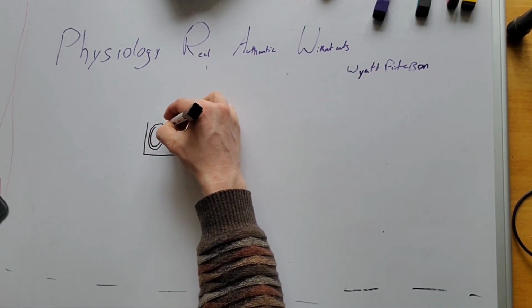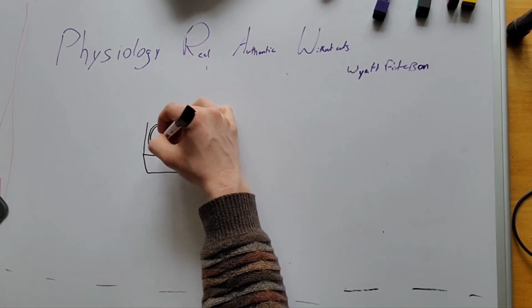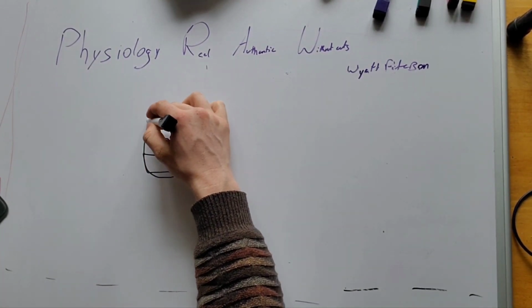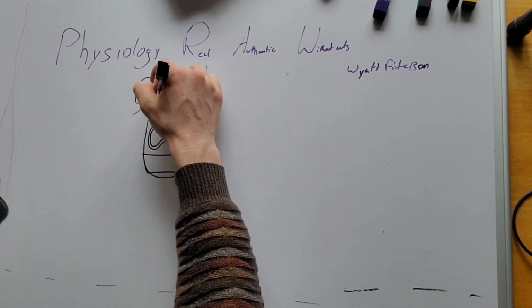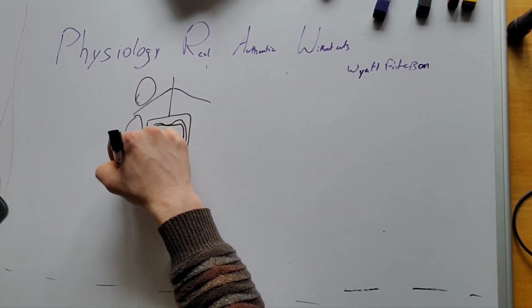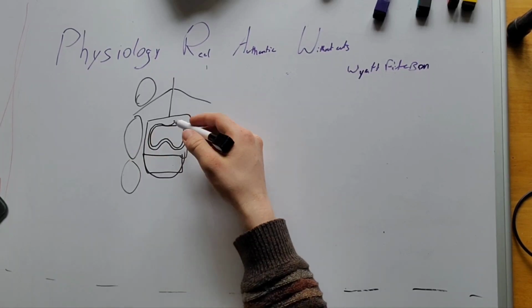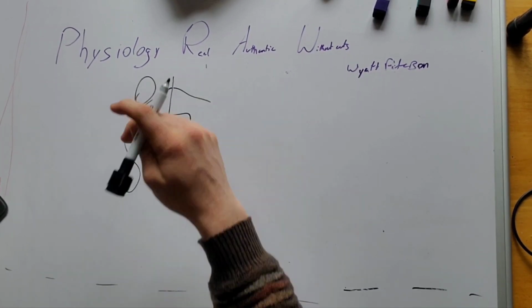So this is going to be the vertebral foramen in here with the spinal cord. Here's the processes coming out of the vertebral body and whatnot.